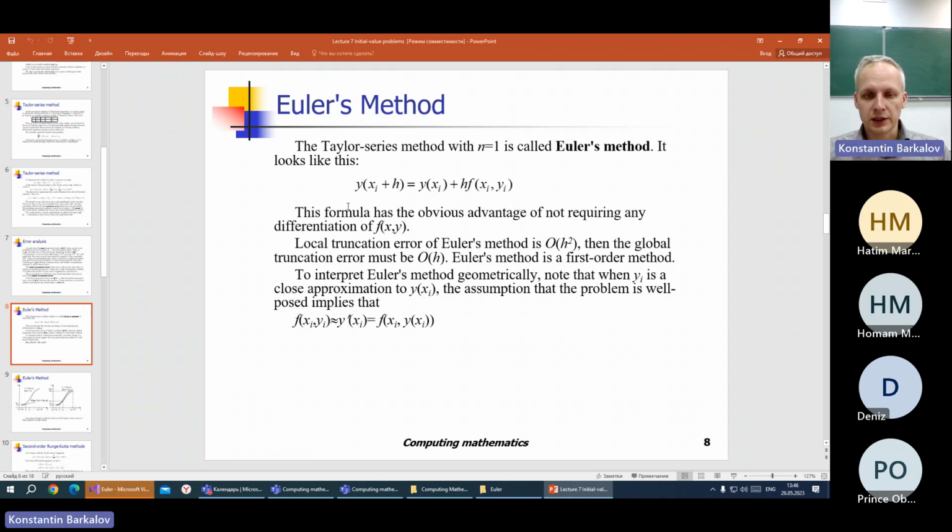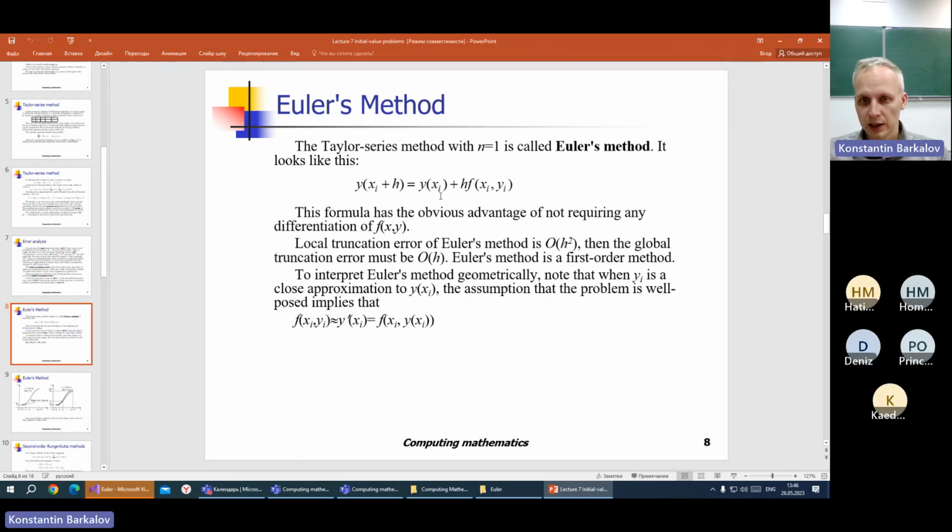Here on the slide you may see the formula that helps us compute the value of a function y of xi plus h if we know the value of the function y of xi: y of xi plus h equals y of xi plus h times f of xi, yi.